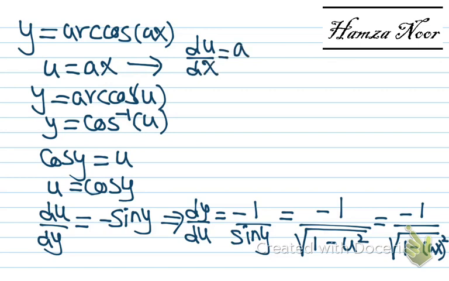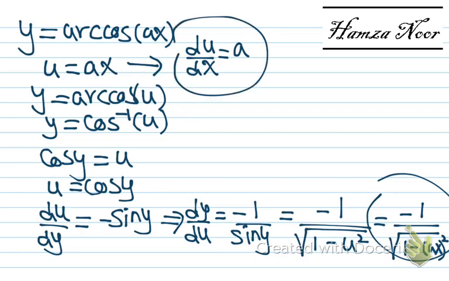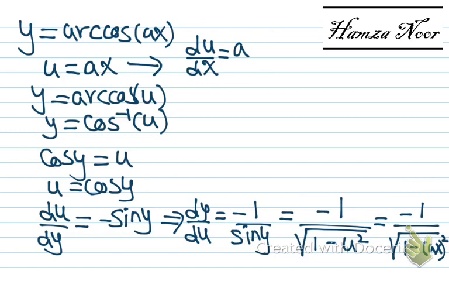Now we need to make a chain rule formula. We need to find the dy over dx function, right? But here we have got dy over du, and here we have got du over dx. So we need to make a chain rule formula to find the dy over dx function.